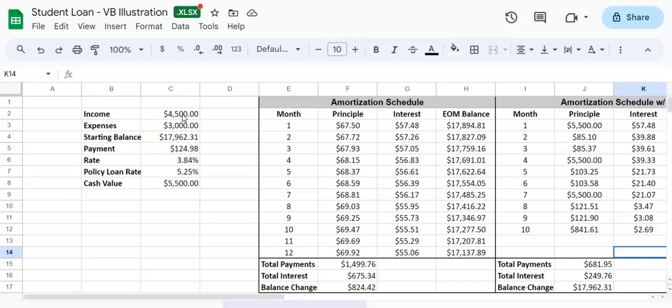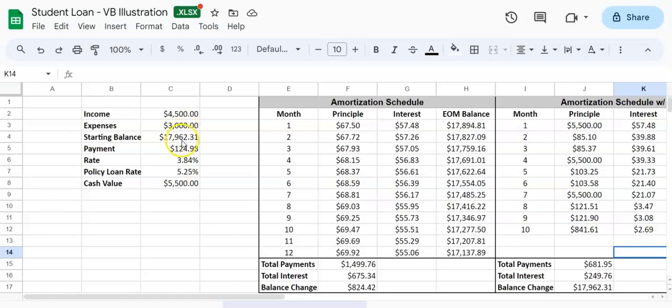My income is actually higher than this based on Empower, but I like to be conservative, so I'm rounding it down to $4,500. My expenses are a little less than $3,000 a month. It's like $2,800. But again, I'm being conservative, and I'm just going to say $3,000 for the monthly expenses.